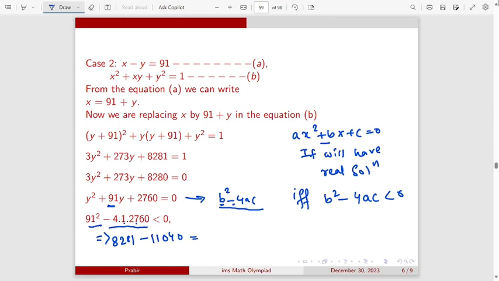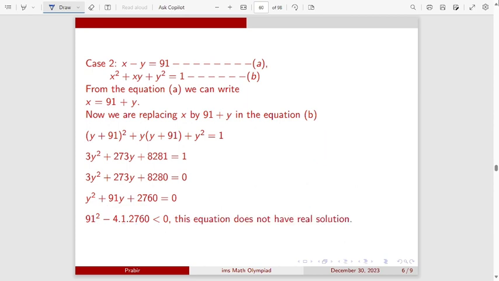It will become equal to minus 2759, which is less than 0. So now our b square minus 4ac is less than 0. So from here what can we conclude? We can conclude that this equation does not have a real solution, so this equation does not have any integer solution. So for case 2 we are not getting any solution.